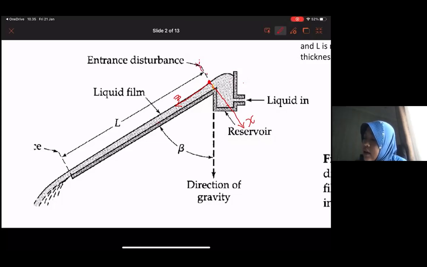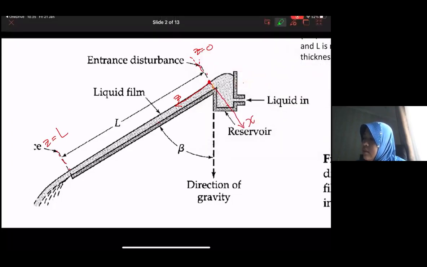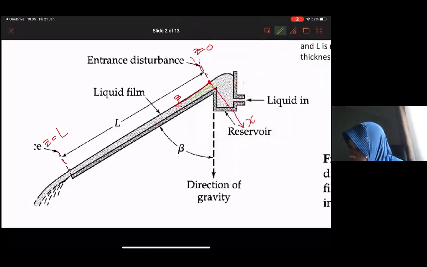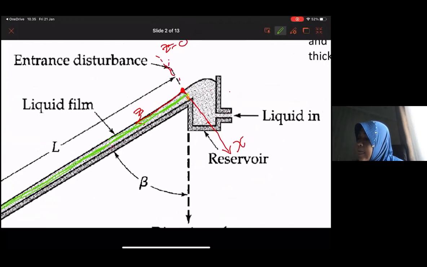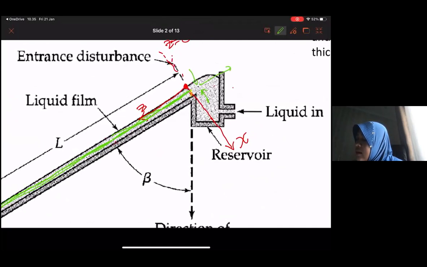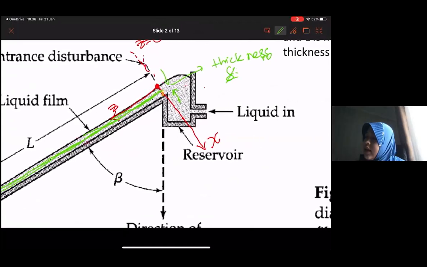So this is when z equal to 0, and this is when z equal to L. Then we make a thin layer of shell, and this thin shell has a thickness of delta x.